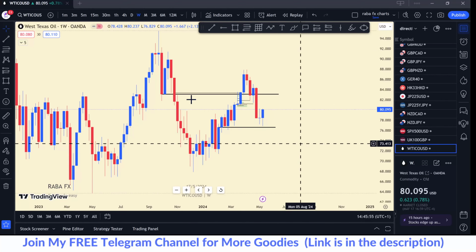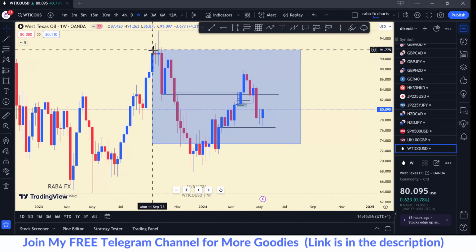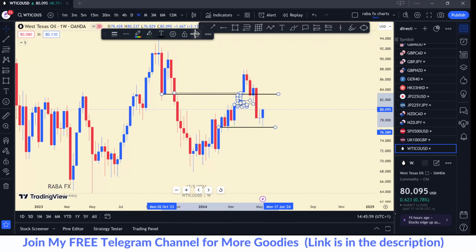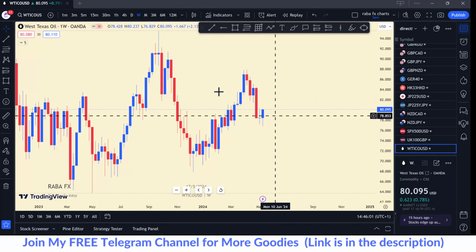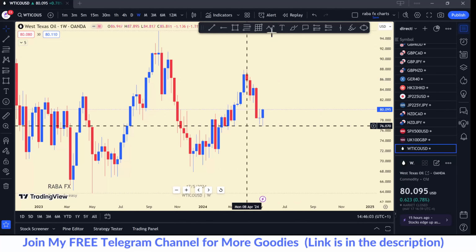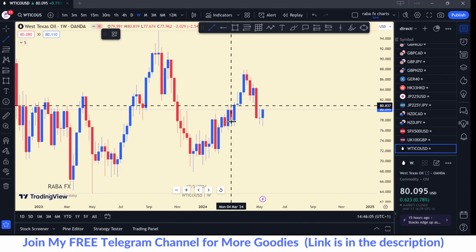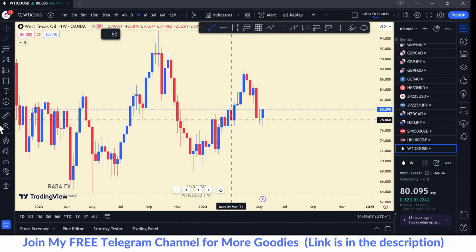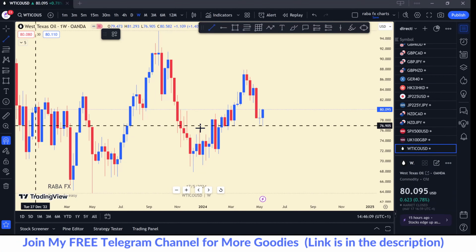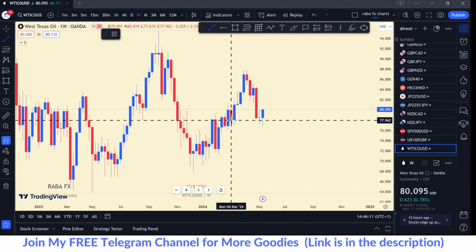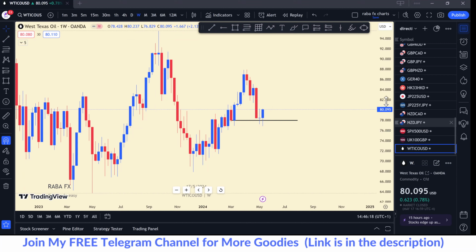Good. So looking at this West Texas oil, the first thing you need to do is look at your directional bias. You can see here, price is finding it difficult to close below this opening price.